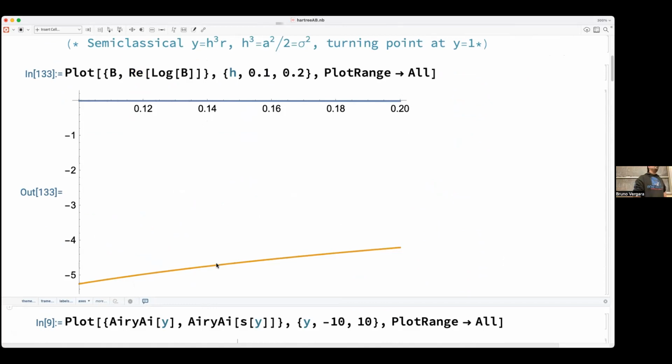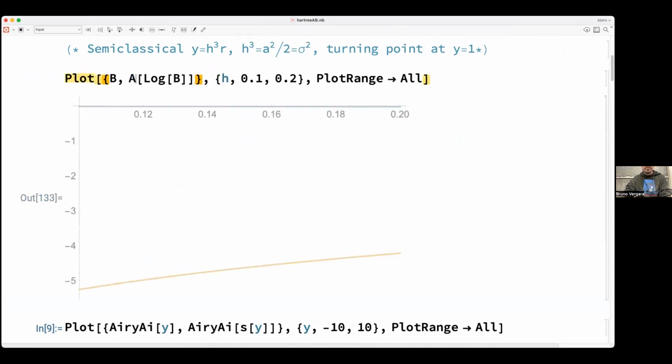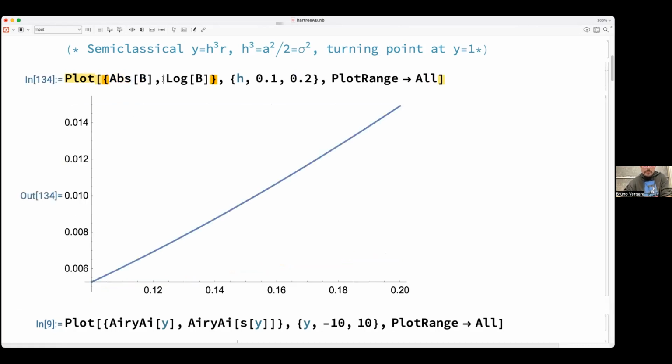That confuses me a bit even more. But then the absolute value of B. Not of absolute value of B. So absolute value of B, and log B, and not of absolute value.